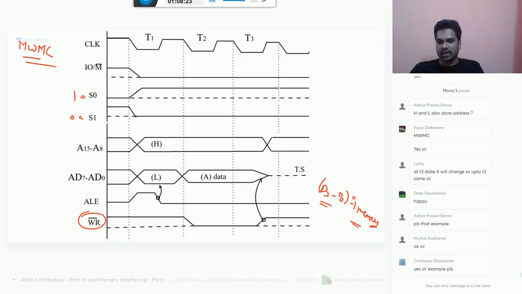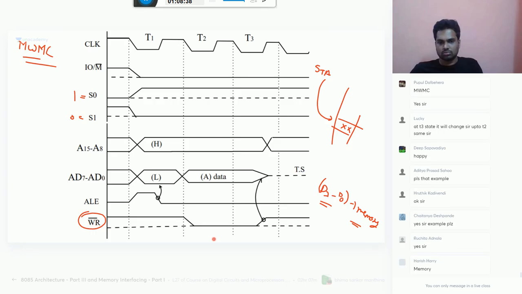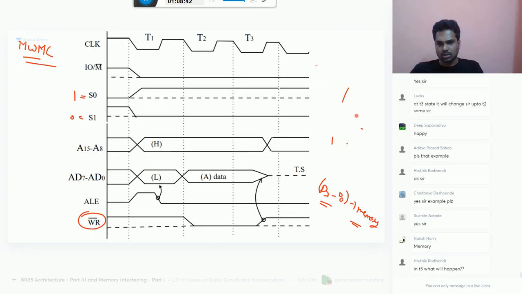Earlier I told load, here we can say store. In that case, the accumulator content will be coming and writing into the memory. See, in T3, the write operation will happen.